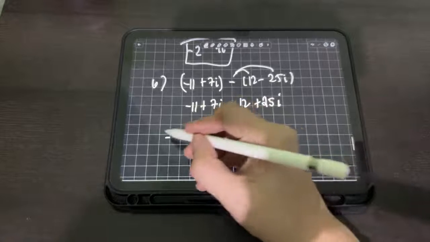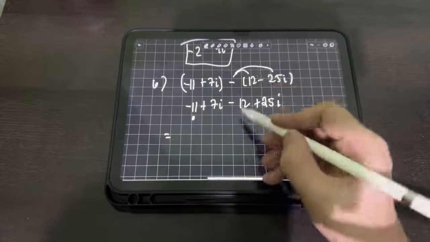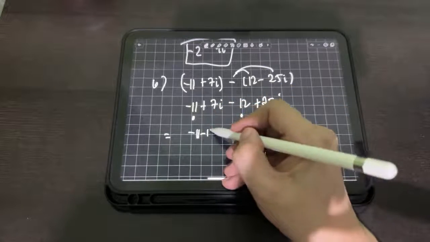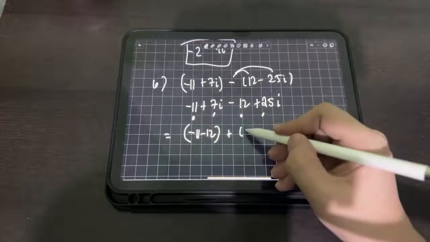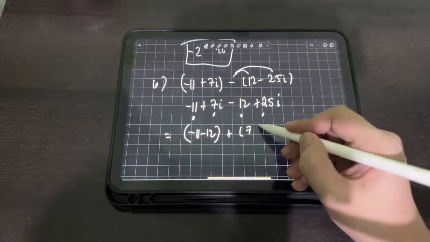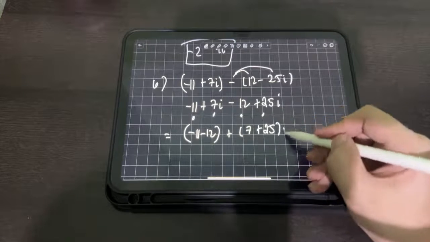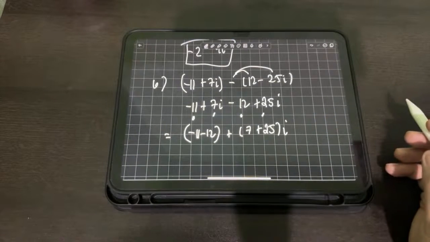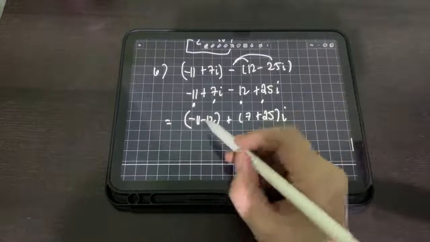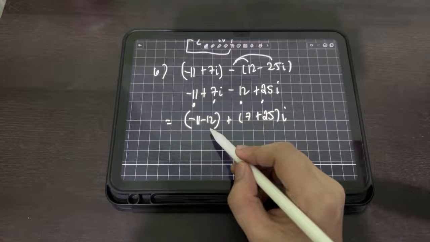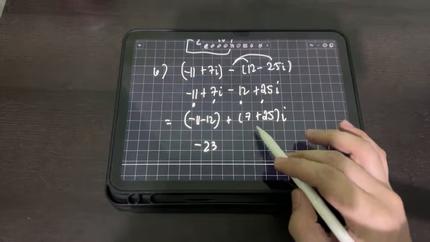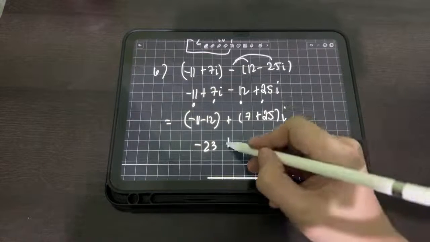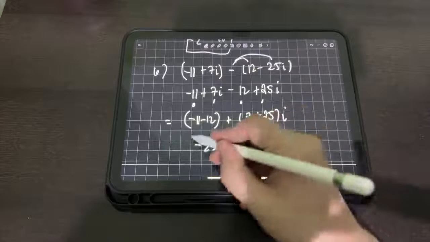And then we combine the real parts. -11 minus 12 plus the imaginary parts, we have 7 plus 25i. Okay, so -11 minus 12, -23. Then 7 plus 25, 32i.